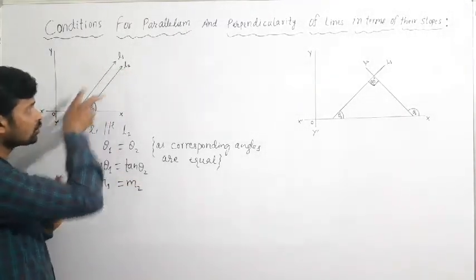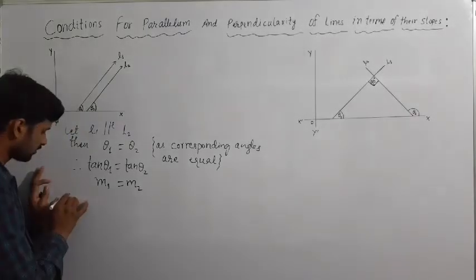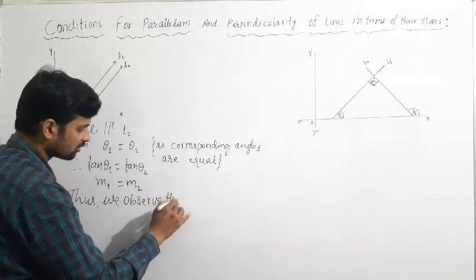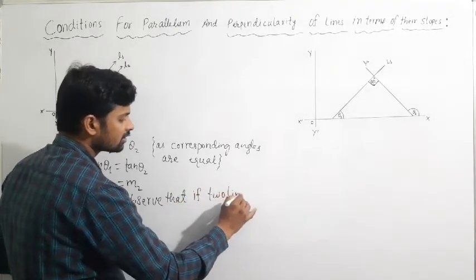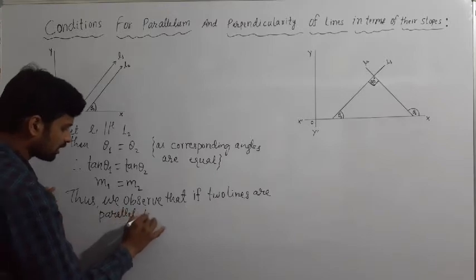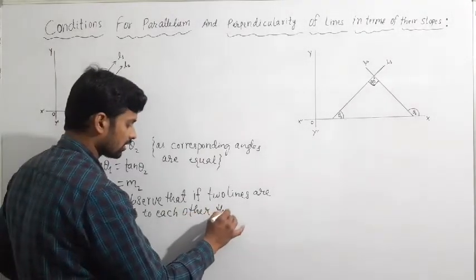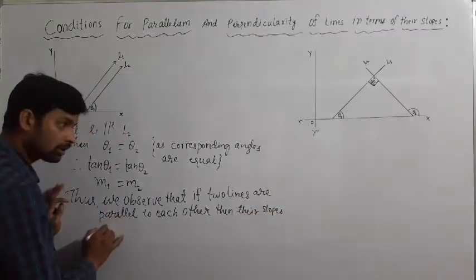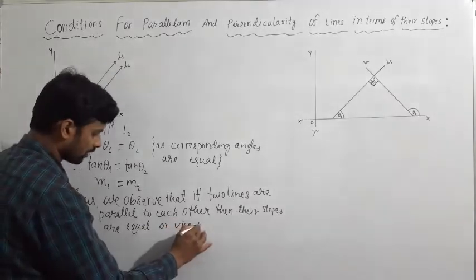Thus we see that if two lines are parallel to each other, then their slopes are equal, or vice versa.